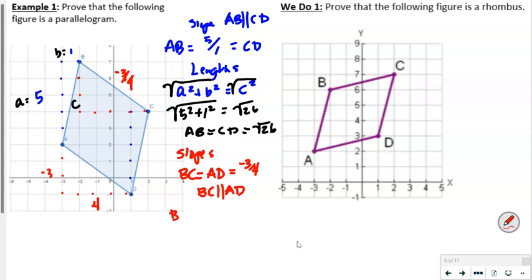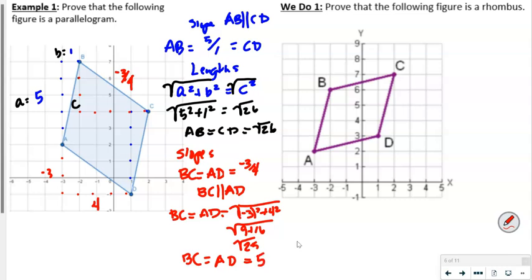So BC is going to be equal to AD, and we take the square root of negative 3 squared plus 4 squared, and that is 9 plus 16, which is the square root of 25, which we know is 5. So that means BC is equal to AD is equal to 5.